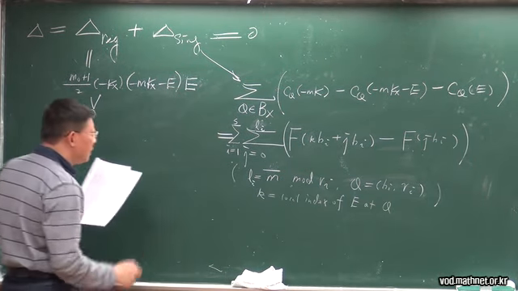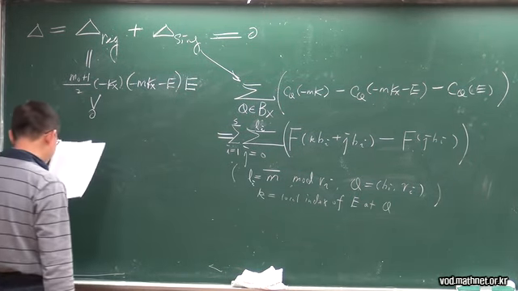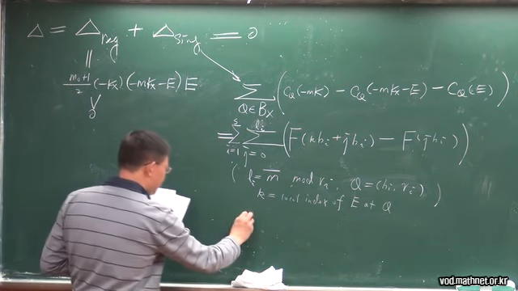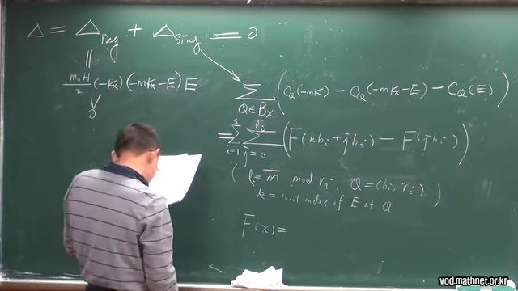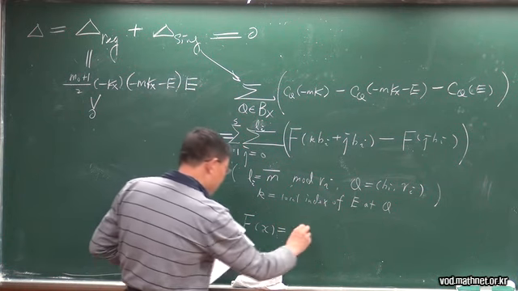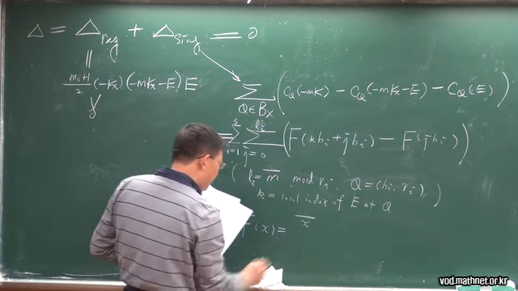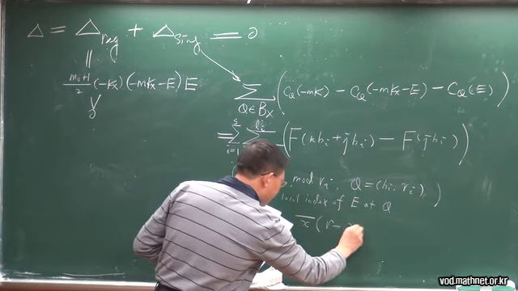Okay, so what is f? f is an arithmetic function. So f(x) is a function, x bar r minus x bar.